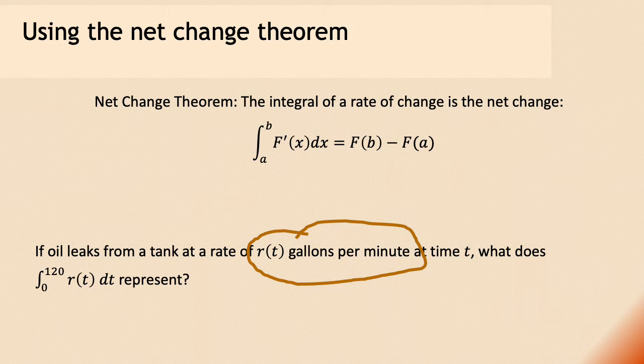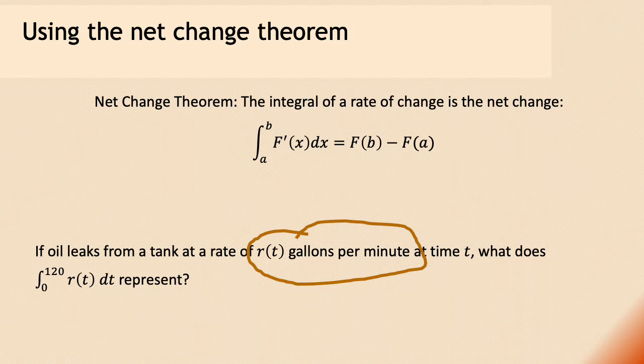So again, referring back to the net change theorem, we're taking the integral of a rate of change. This rate of change happens to be oil leakage per minute, gallons per minute.